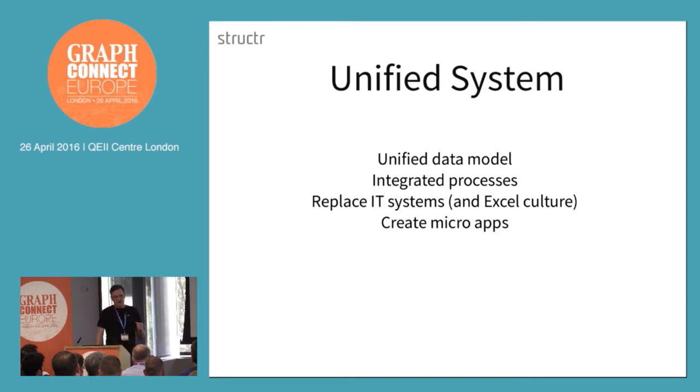And instead of having a complex, monolithic IT system for each department, you can create micro-apps. What do we mean by micro-apps? Micro-apps are the equivalent to microservices. A microservice is more on the backend side, and a micro-app is something which is user-facing.